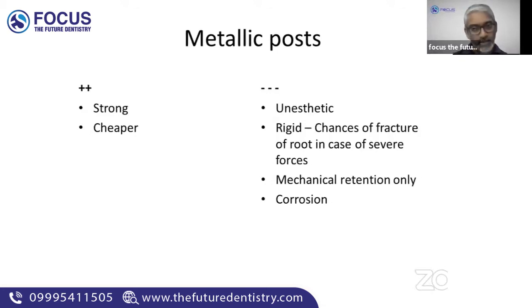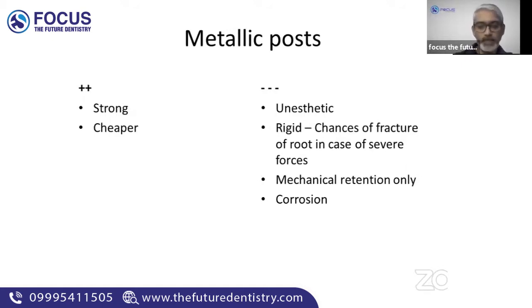And in prefabricated post, you have metallic post as well as non-metallic post. Even in custom made also, you have metallic ones and non-metallic. Ceramic ones are also popular nowadays. Now we have metallic post and non-metallic post in the prefabricated ones. So for metallic post, the advantage is that, as you all know, metals are strong and cheaper, but the main problem is that they are unaesthetic.